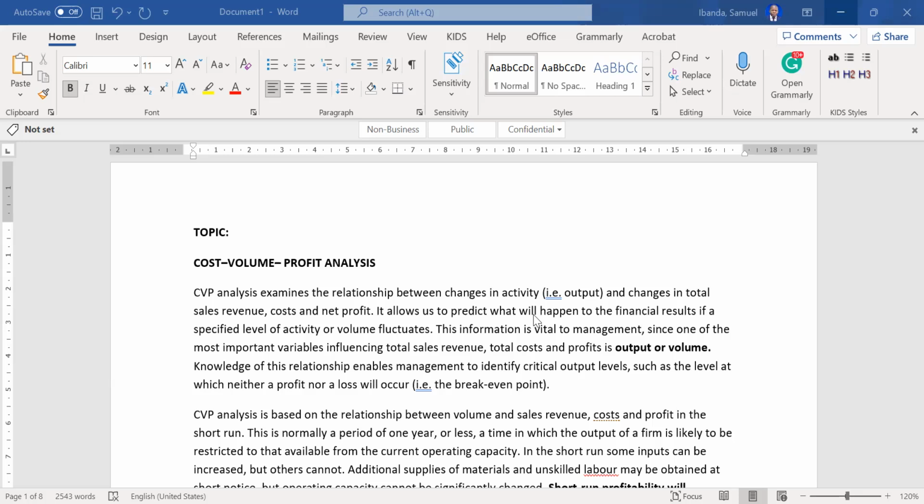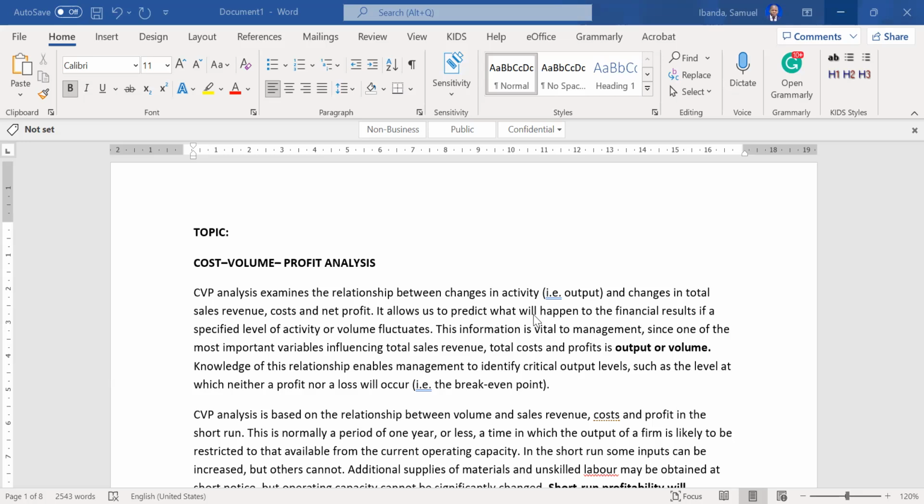We know very well that management decision and control equips us with the skills of management accountants to help management make decisions. But through that process, we use certain tools. And one of the tools we use is the CVP analysis.